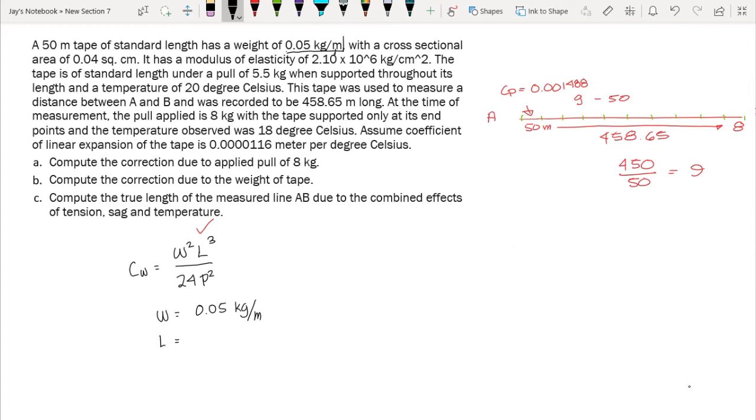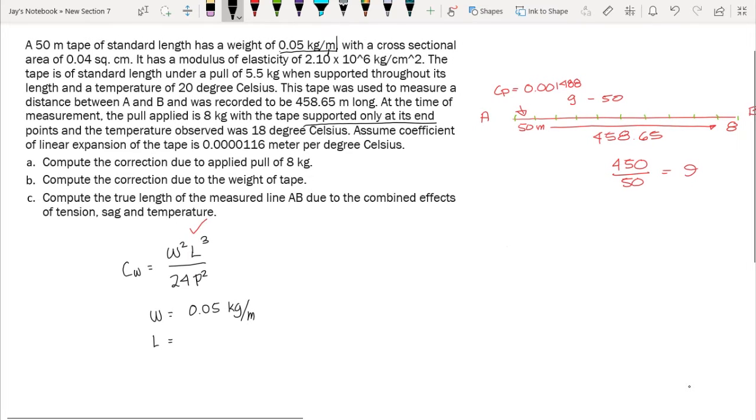Now take note, from the problem, our tape was supported only at its ends. Take note again, the maximum length that our tape could handle is 50 meters. So therefore, we divide 458.65 here by the 50-meter length. Okay? So again, we know that we have used the full length of the tape 9 times, and we have the remaining 8.65 meters.